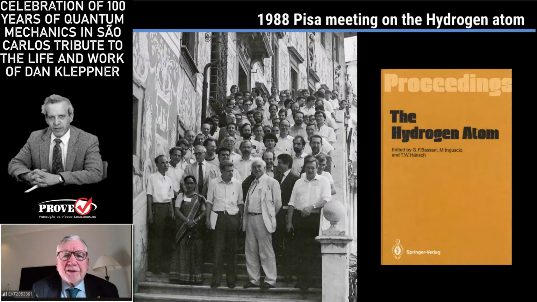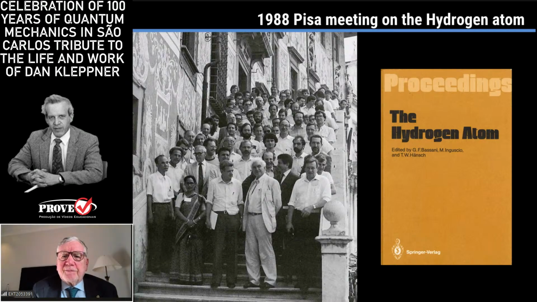So this talk will deal with atomic physics, essentially, getting inspiration from what we do in atomic physics at LENS, but also will be a little bit of a history of atomic physics. So these were the late 80s in Pisa. We are in front of the Scuola Normale in Pisa.